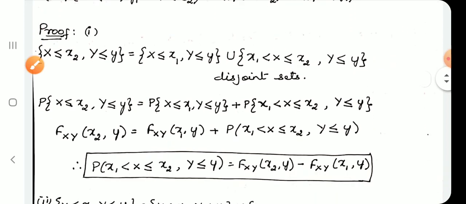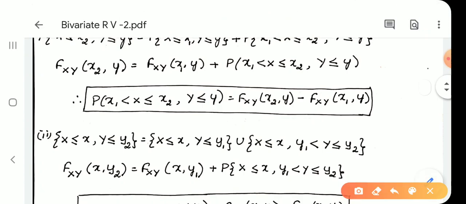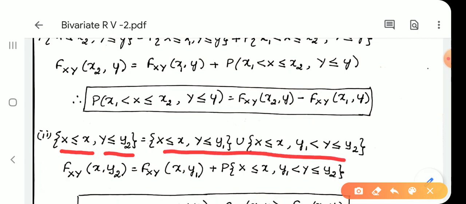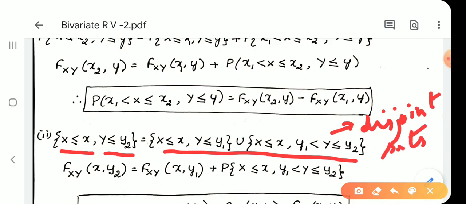So let us consider the set X less than or equal to x, comma Y less than or equal to y2. Here also this can be written as the union of two disjoint sets. Remember, these two sets are disjoint. If you want, you can write below this. So these two sets are disjoint.